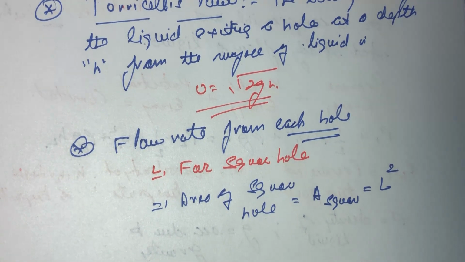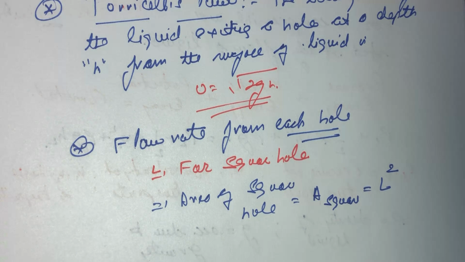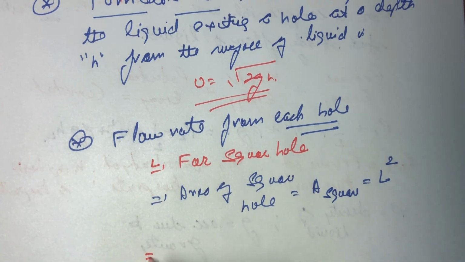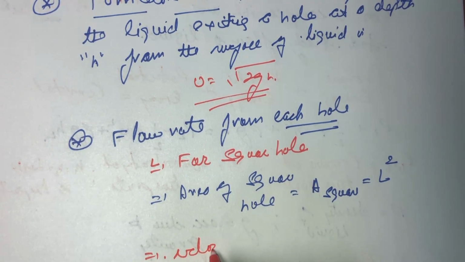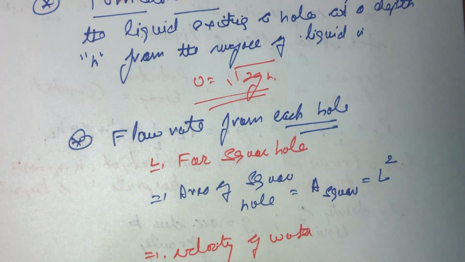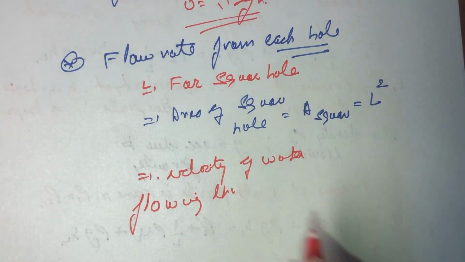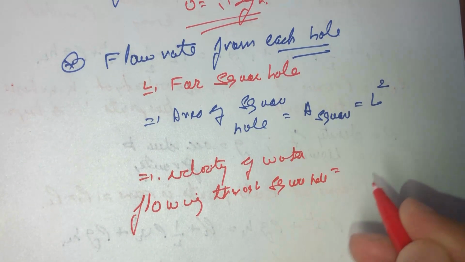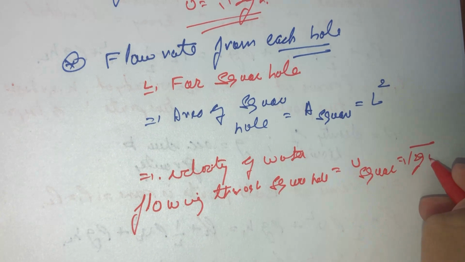And the velocity of water flowing through the square hole, let us suppose that is given as v square, will be equal to square root of 2gy.